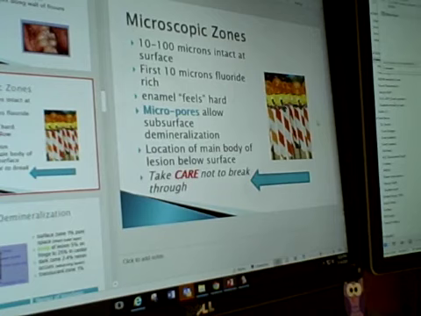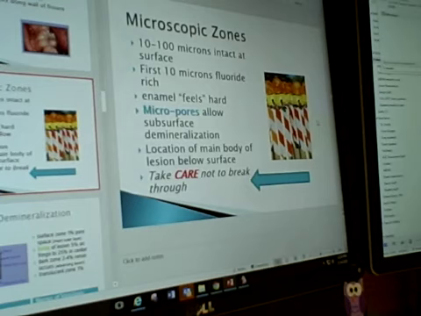With this microscopic zone, we're talking about the first microns at the surface of the enamel are intact, and they're very fluoride rich. That's why the enamel feels hard. There are very microscopic pores that allow for some demineralization, for that hard outer enamel layer to break down.